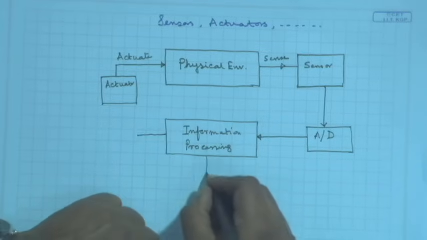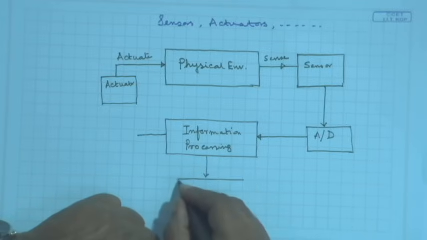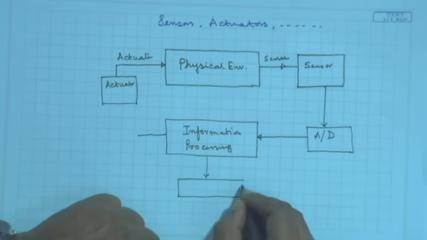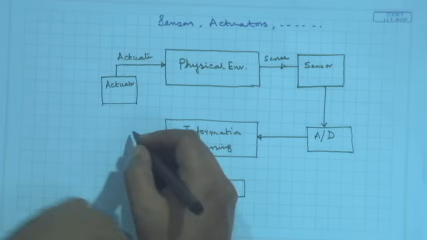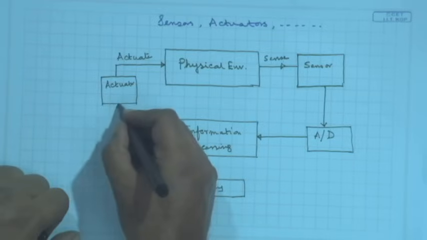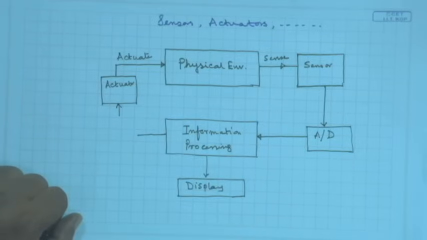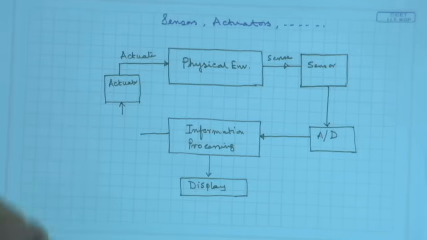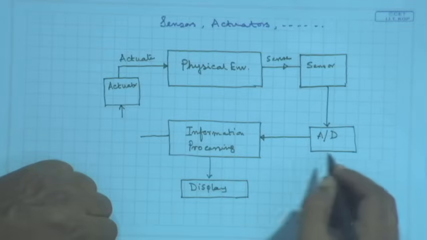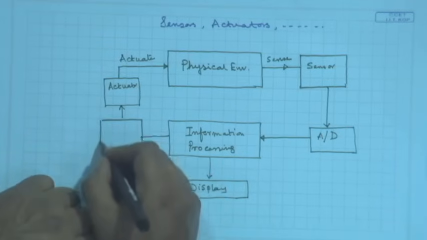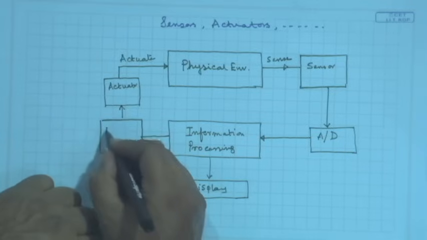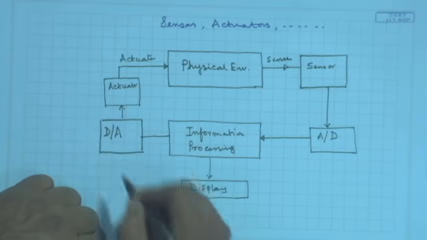We can either do some sort of display here, or we can actuate it. Now, depending on the actuator, there are some digital actuators which can be fed the digital signal directly, but otherwise we will need a D to A converter here.